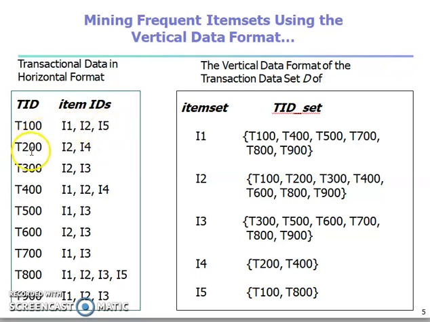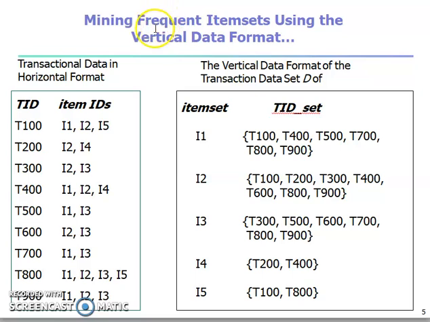Transaction 200 has items I2, I4. Transaction 300 has items I2 and I3. Like that, for each transaction you have a set of items. This is the given format, the horizontal format.